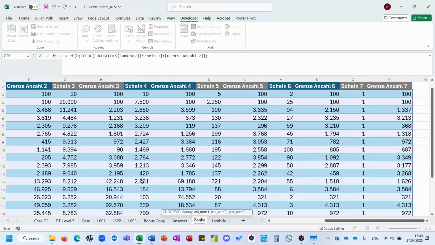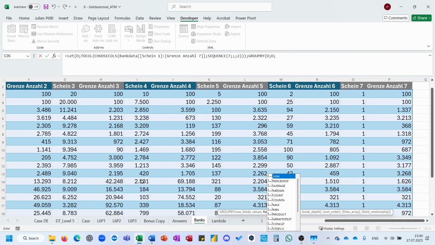We have 7 columns. Step 2. And now group by the count, -2.